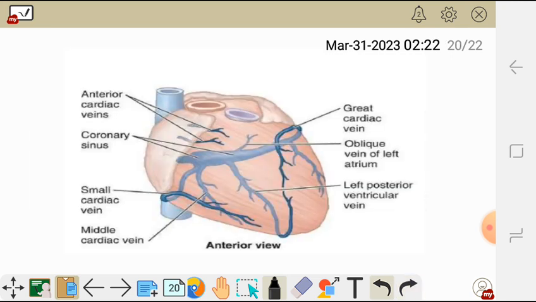So the great cardiac vein is a tributary of the coronary sinus, which is the biggest vein of the heart. So it doesn't drain directly into the right atrium. The small cardiac veins as well drain into the coronary sinus.